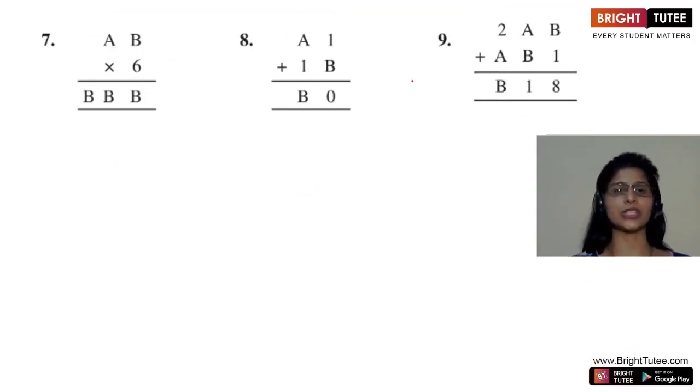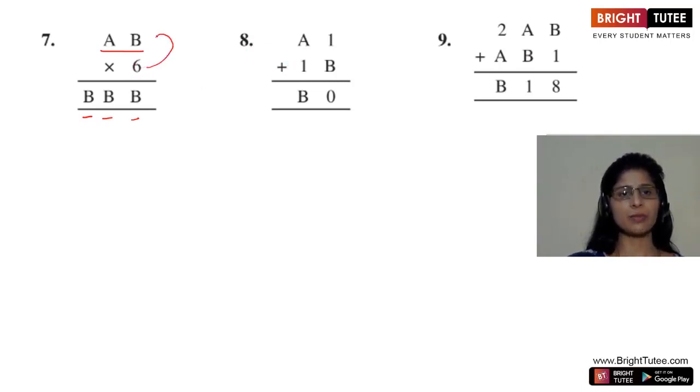Again we have 3 more questions. So here see, you have to multiply AB with 6 and the answer that you get is B, the same number that you get here. Clear? How do we do that? In question number 7 we have 6 should be multiplied with what so that we get the same digit.